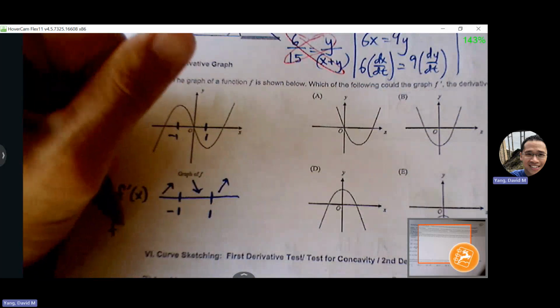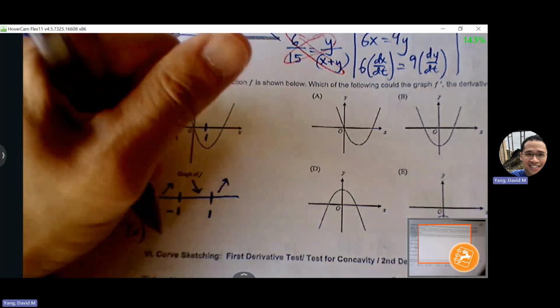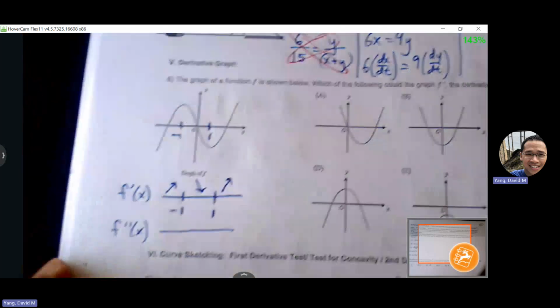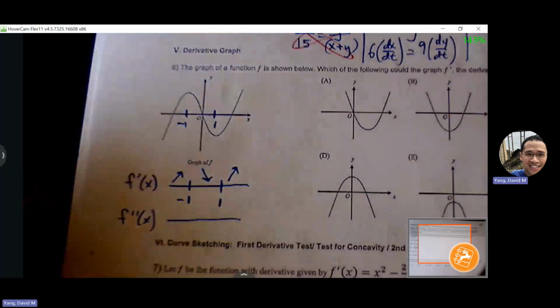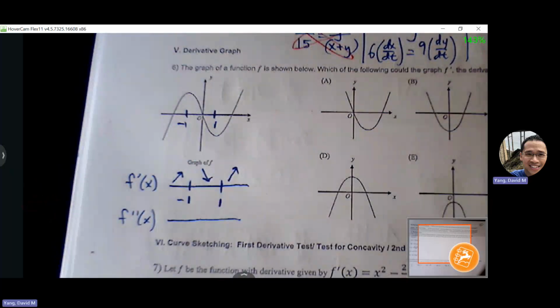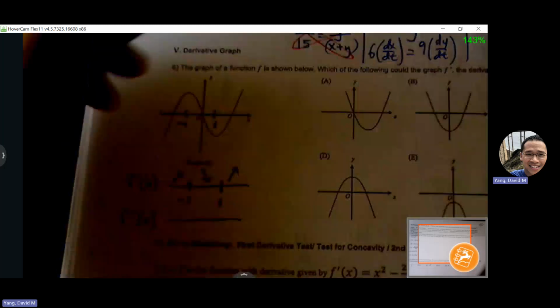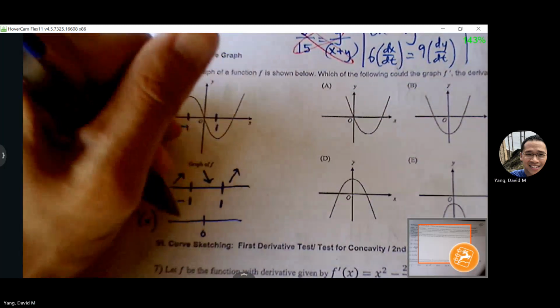And then my f double prime, what do you expect the point of inflection to be? Remember, this is the original graph here. So wherever you expect your point of inflection to be is where it will be. Where does the concavity change? Or where does it look like it changes? 0, concave down, then concave up.